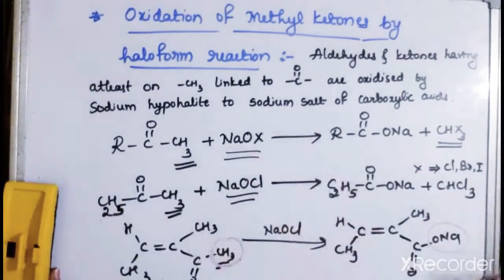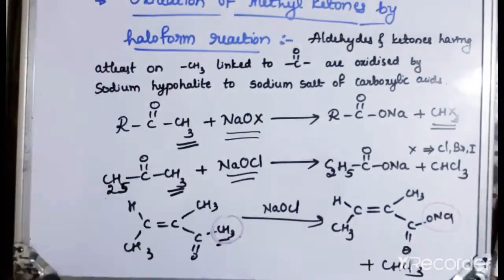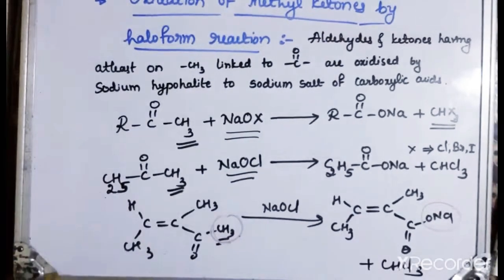So this is about the oxidation reaction. In today's class, we have discussed the reactions of ammonia and its derivatives with aldehydes and ketones, where nucleophilic addition takes place, followed by elimination of water, and important names of the products formed.